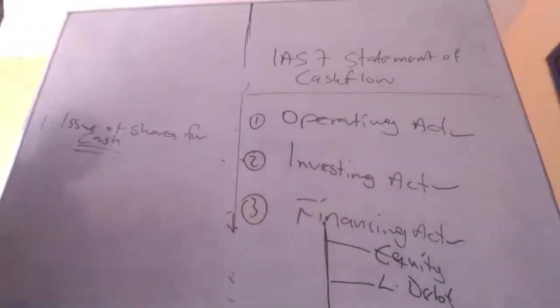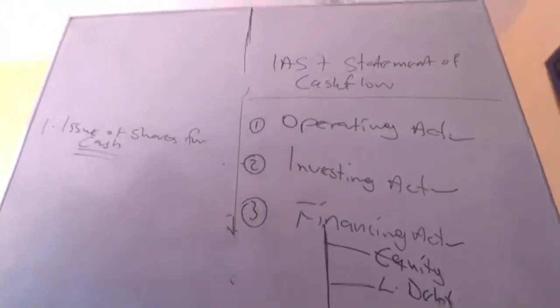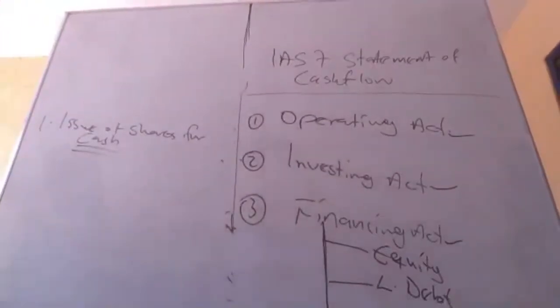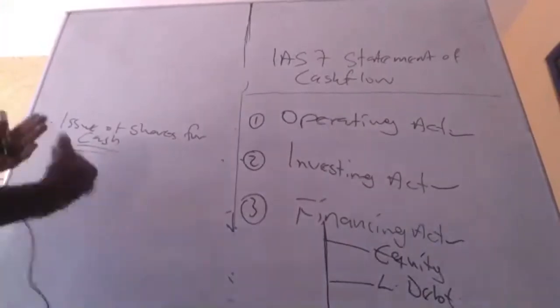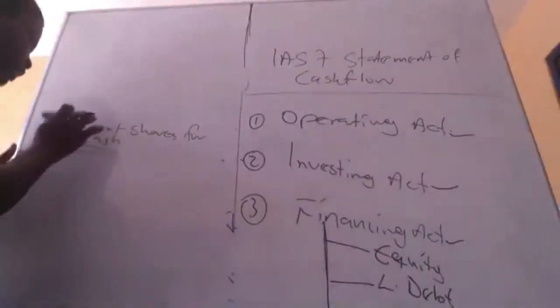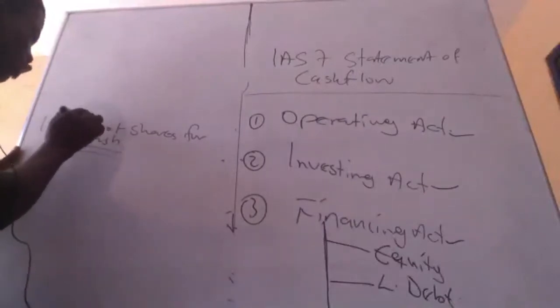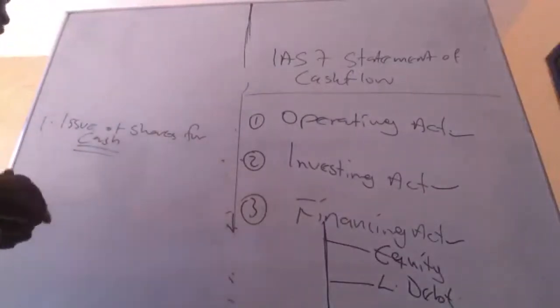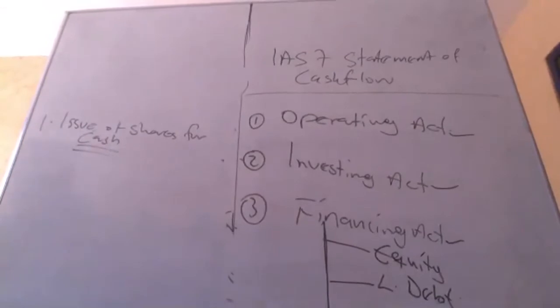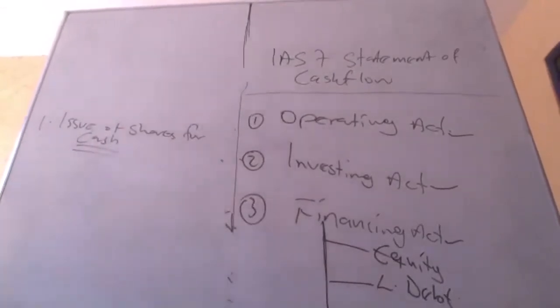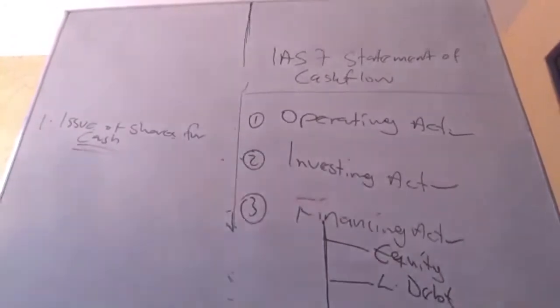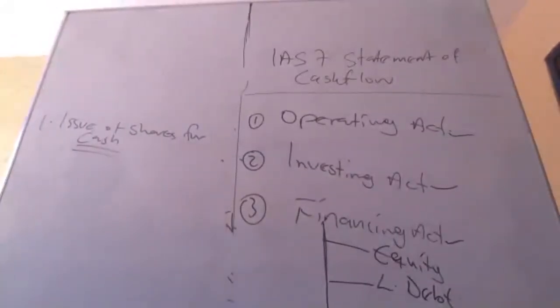Because sometimes you can issue shares for free. So bonus share, deemed dividend, all of them are there. So take note. Not every issue of shares raises funds. Some of the shares are issued for free. Okay, so that is it. Issue of shares for cash. Good.